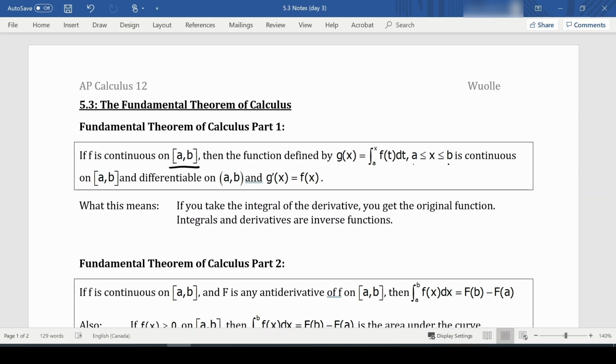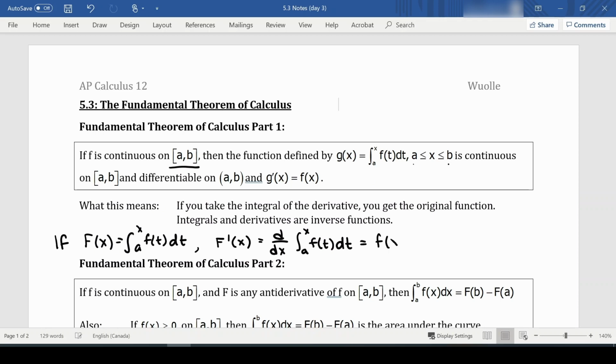In other words, if big F of x is equal to the integral from a to x of f of t dt, then F prime of x is equal to the derivative of the integral from a to x of f of t dt.